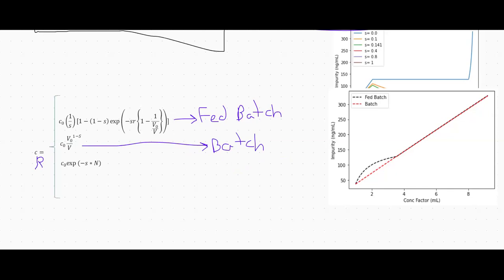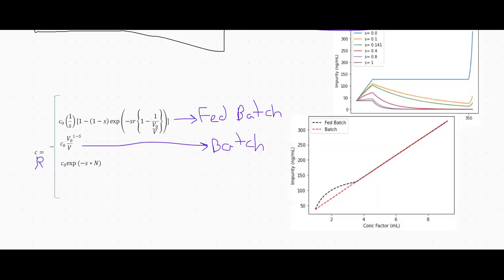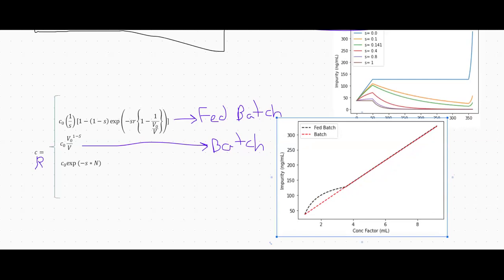Now, there's an important distinction between these two that I hope to show in this plot here. So I'm going to draw in green. What you can see is that in a regular concentration, as your concentration factor increases, you get a linear increase. That's for batch mode.